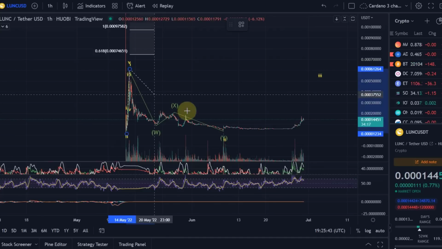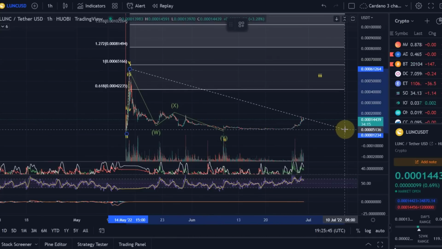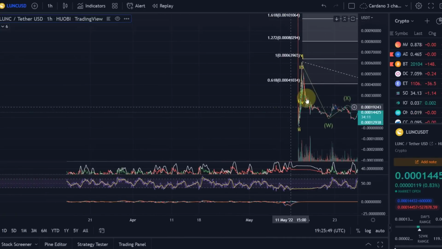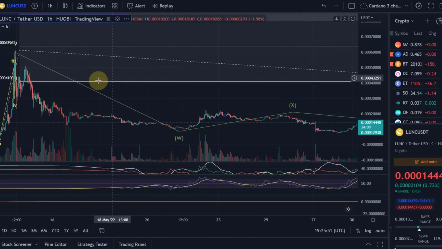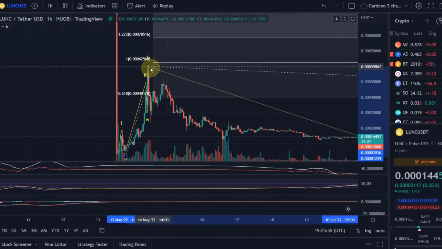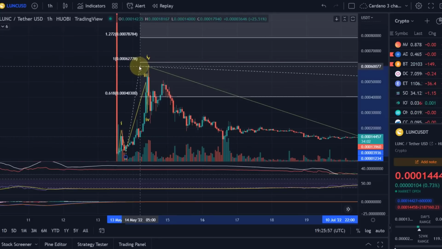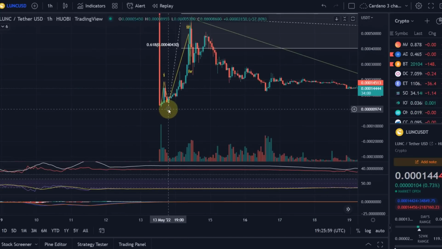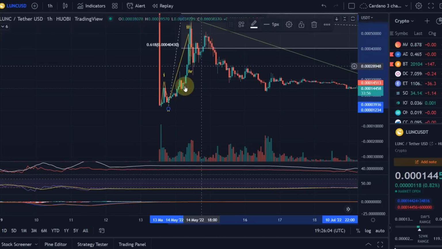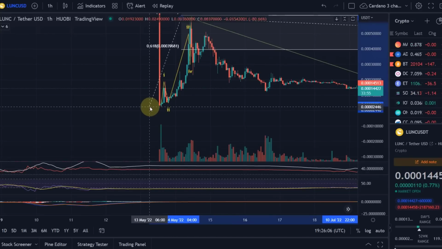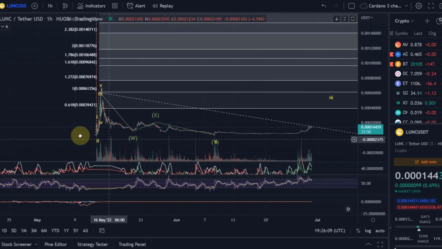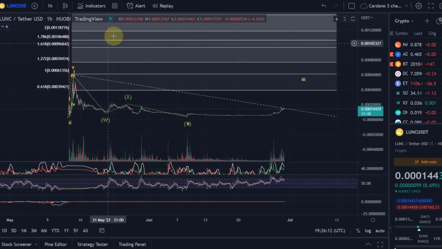So I have to adjust it a little bit in a second, because we want to do it as accurately as possible. So then we get to the target here of the wave 3 that would need to be here.